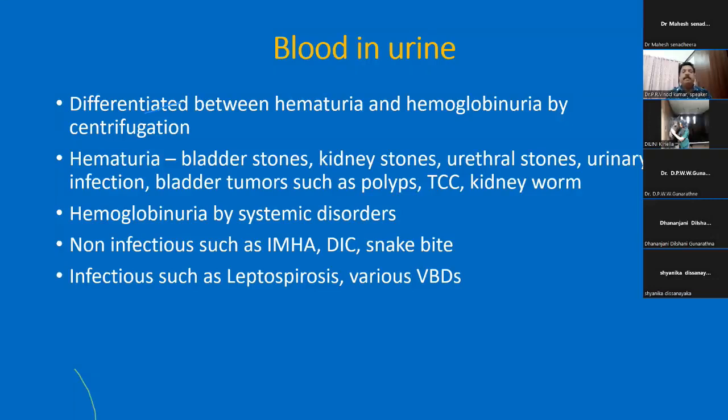Hemoglobinuria can be produced by systemic disorders, either infectious or non-infectious. Systemic infectious disorders include leptospirosis and various vector-borne diseases such as Babesia canis, Babesia gibsoni, ehrlichiosis, and erythrozoonosis, that is mycoplasmosis.